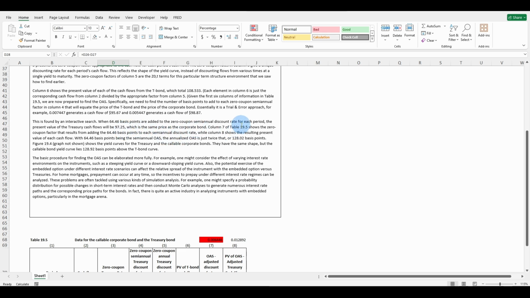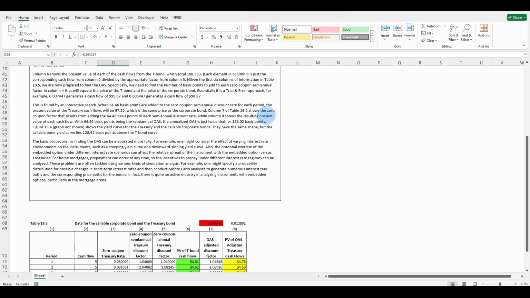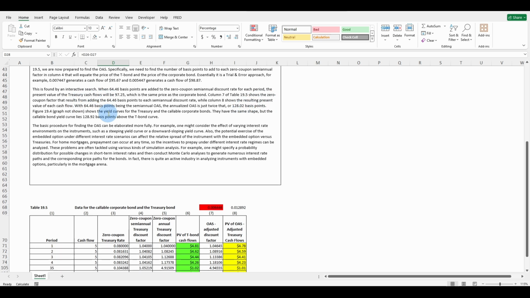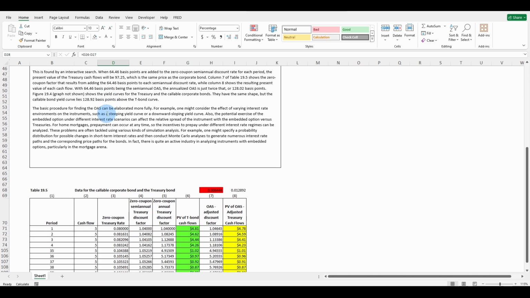Column 7 of Table 19.5 shows the zero coupon factor that results from adding the 64.46 basis points to each semi-annual discount rate, while column 8 shows the resulting present value of each cash flow, with 64.46 basis points being the semi-annual OAS.